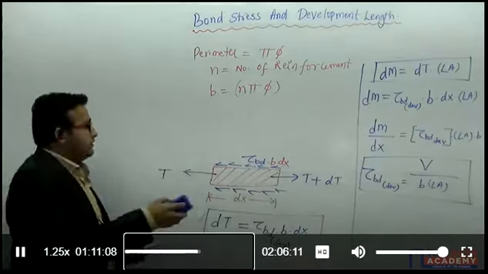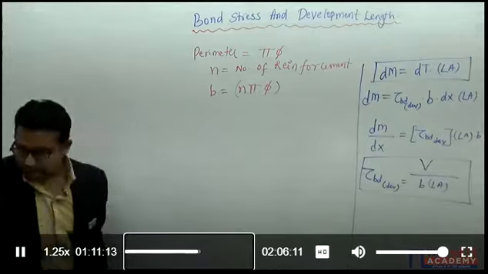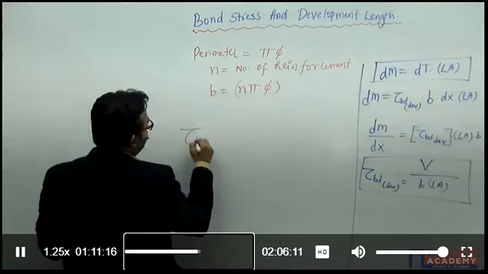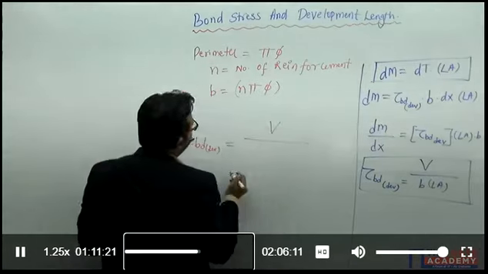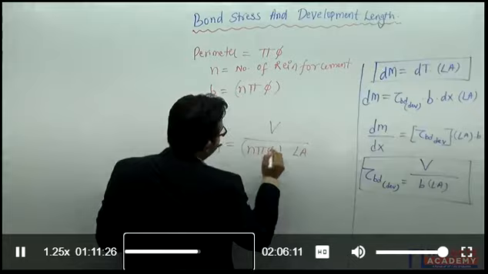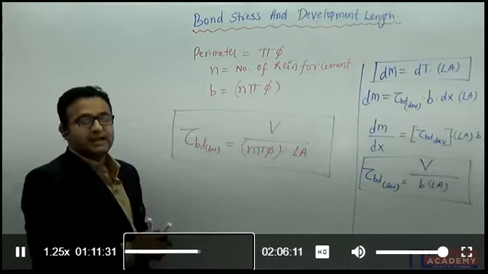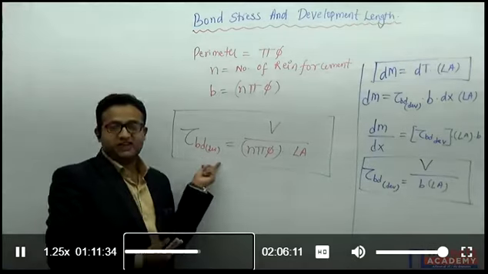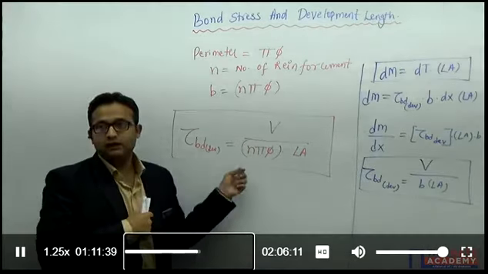So now the formula for tau BD develop that is available with me is: tau BD develop equal to V divided by n pi phi into lever arm. So this is the developed bond stress in the concrete which is present surrounding the steel, right?